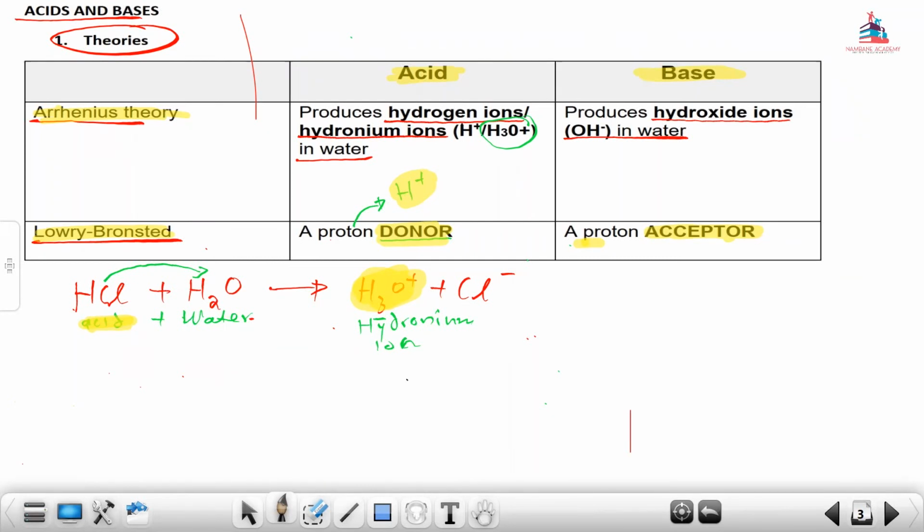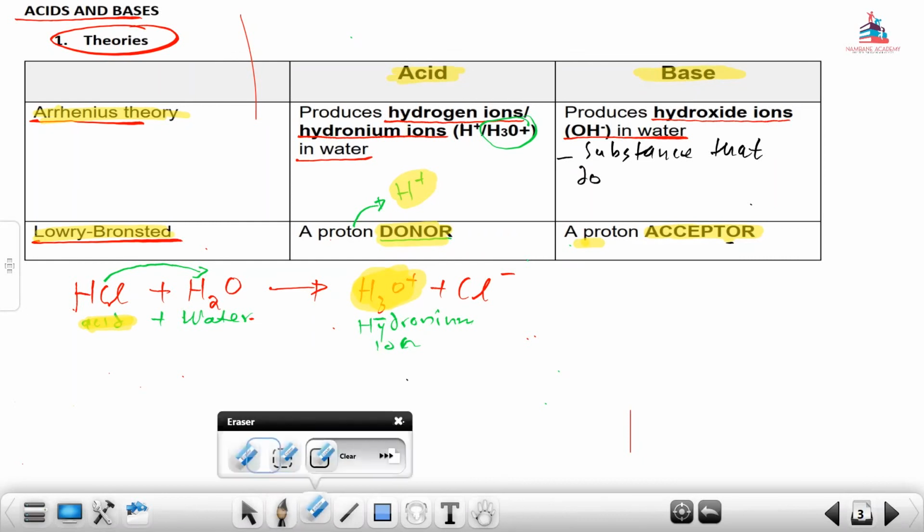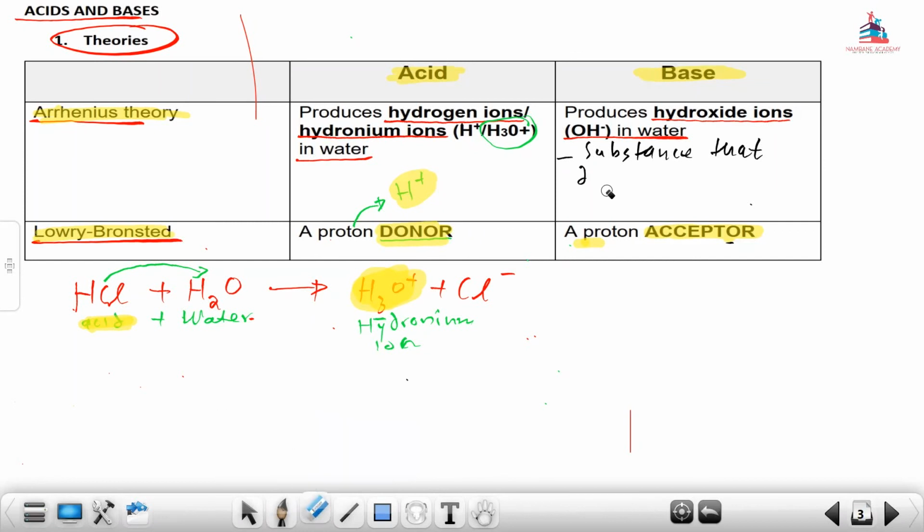So when we talk of a base, we usually say a substance that dissociates.